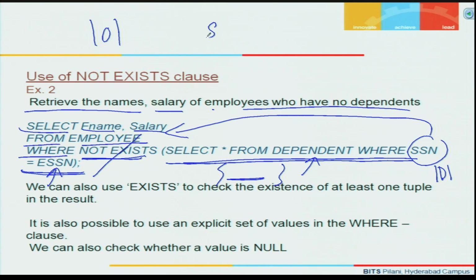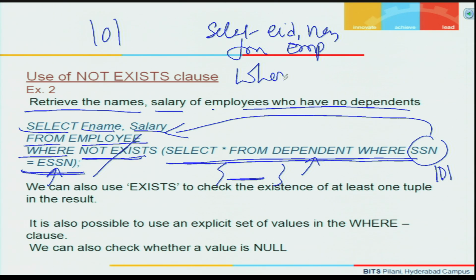I can write it like this: select employee ID, name from EMP table, where, let us assume the DNO is part of the employee table, DNO in the set (10, 5). It will check whether it is in this set or not. If it is available, then it will evaluate to true. For such employees, the employee ID and name will be displayed in the result. That means an explicit set of values can be used in the where clause.